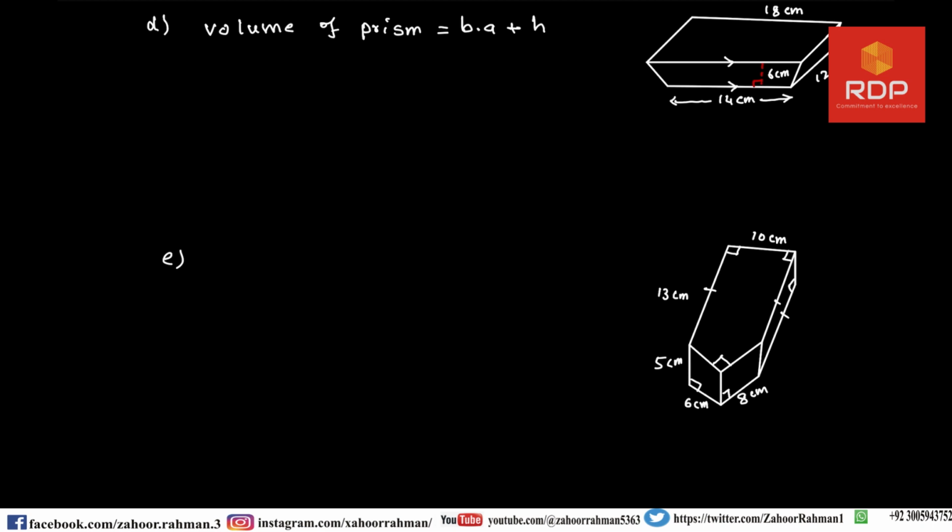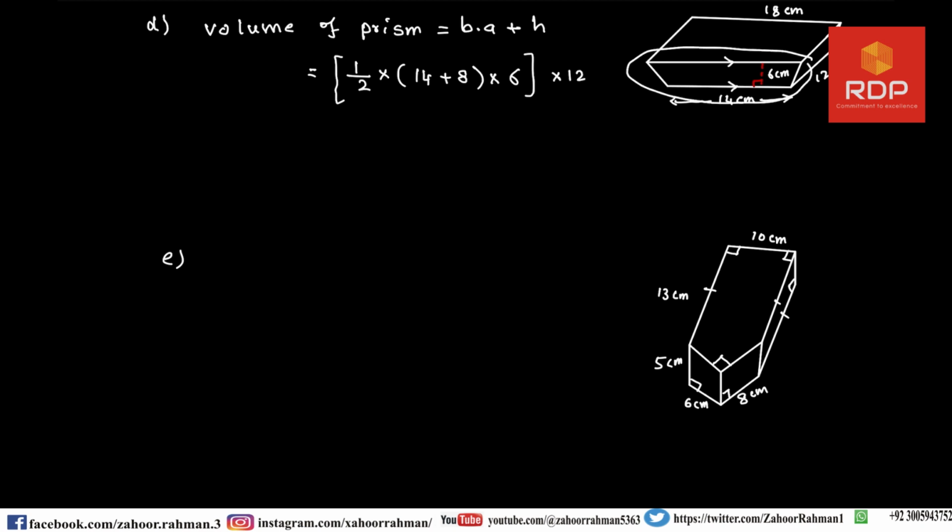So in this case, we are taking the base area of this D, and you have to tell me that 1 over 2 into 14 plus 18 into 6, and that is the area of the trapezium, because this area is a trapezium, and then we have to multiply it with the height, and that is 12.